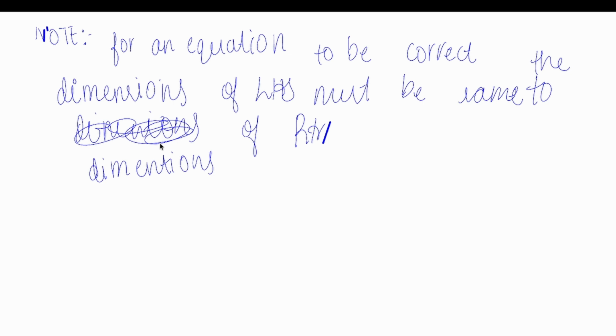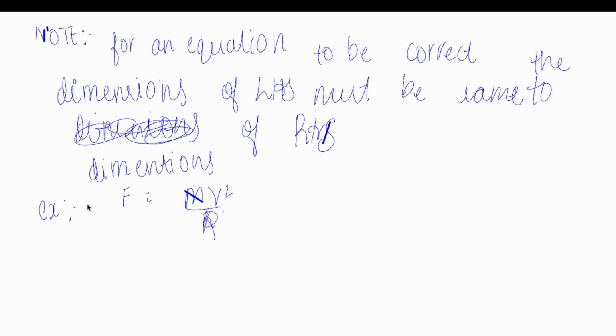But it's an important note, because we can make a notable mistake if we don't follow this rule. Let's solve a question on this. Let's check whether F equals mv²/r is dimensionally correct. This is a random formula for now.